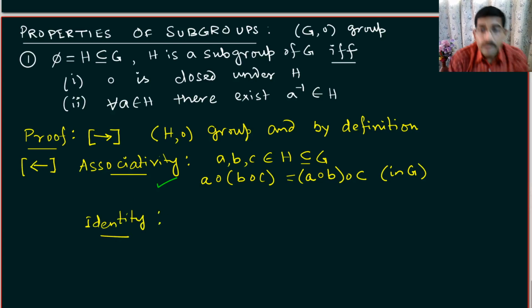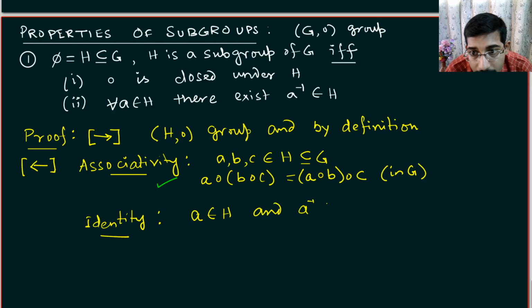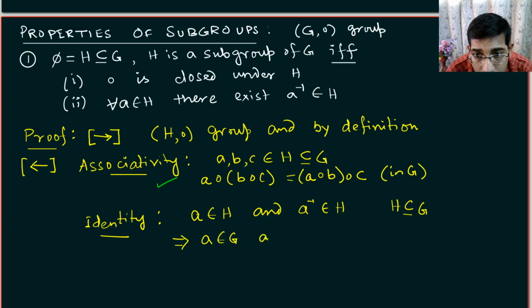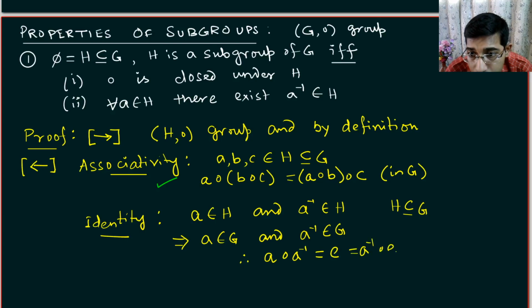So let us see how the identity element can be shown. Now for all A belongs to H, I have an A inverse belongs to H, and I know H is a subset of G. So for these two elements, A belongs to G and A inverse also belongs to G. Therefore I can operate them, due to the closure in G, and form E in G.